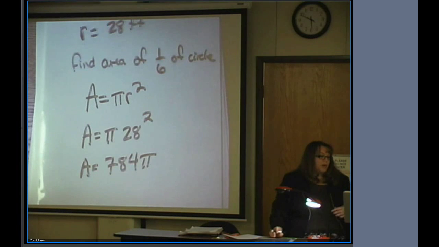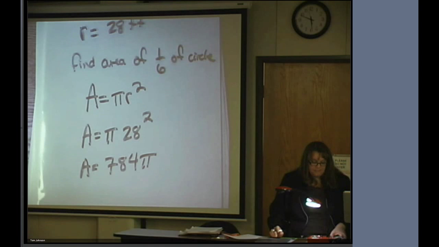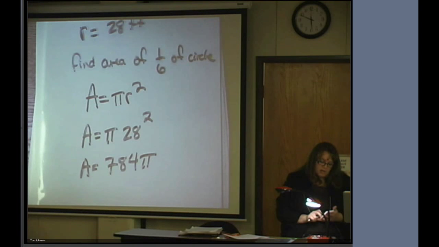Now we want to use pi, they want us to use 22/7, or you can use 3.14. Either way. You may be off by a decimal or two, and that's fine.